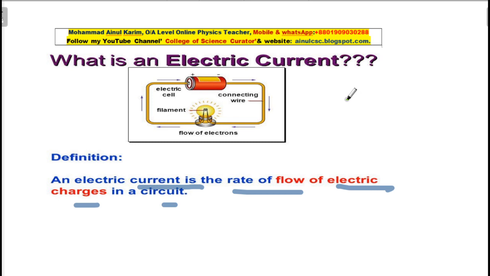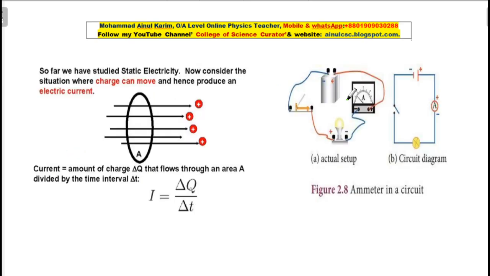That is the electric current. Now we have studied static electricity. Now we consider the situation where charge can move and hence produce an electric current. This is the cross-sectional area of a connecting wire. Positive charge can move through the cross-sectional area.